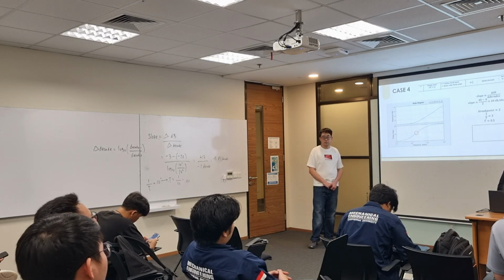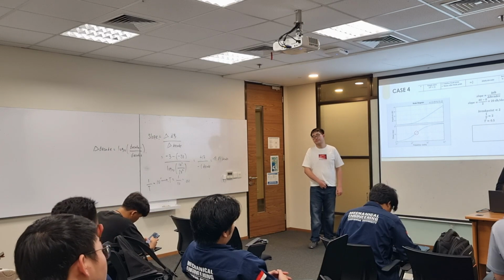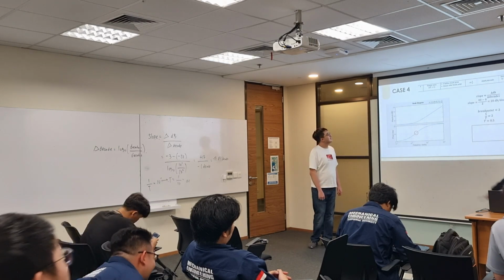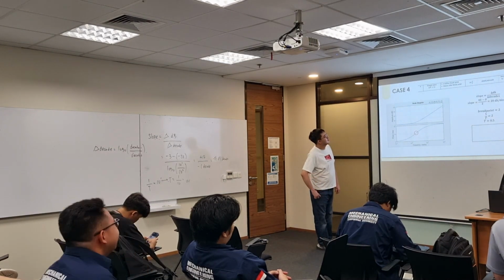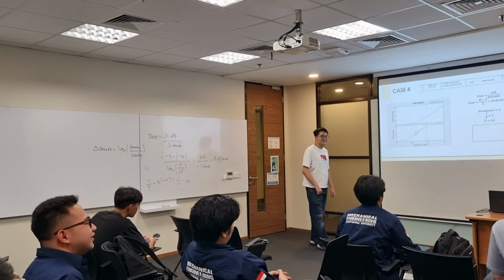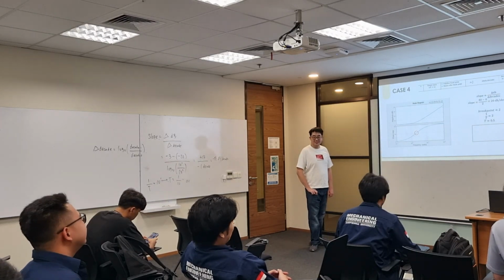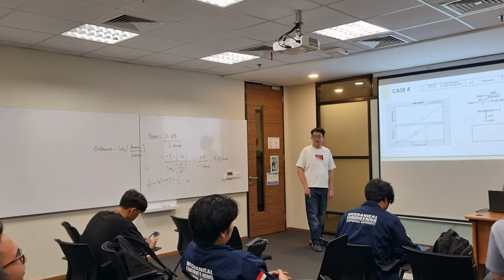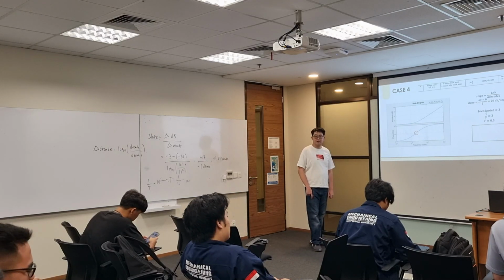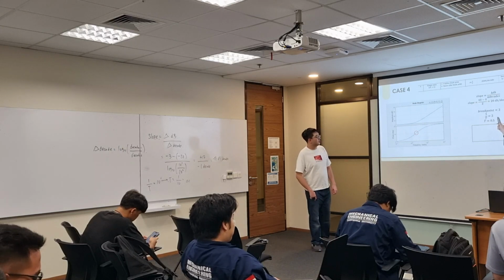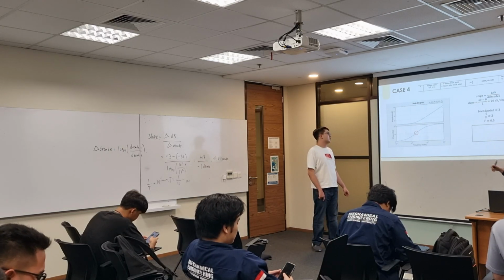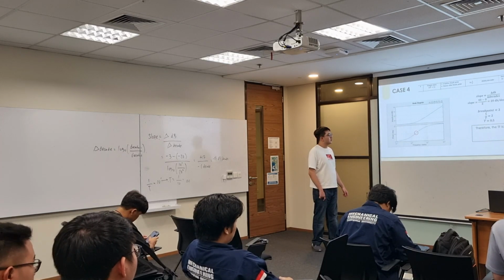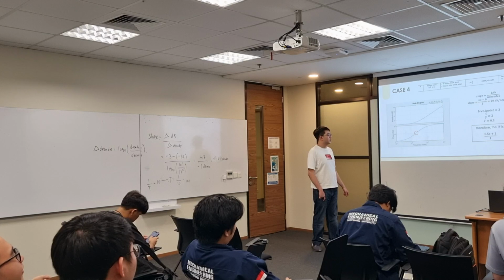Here Anthony tried to use the phase plot. From here you know that the breakpoint is at 2 and solve for T, and you just put it into the simple zero case and you will get the transfer function of this.